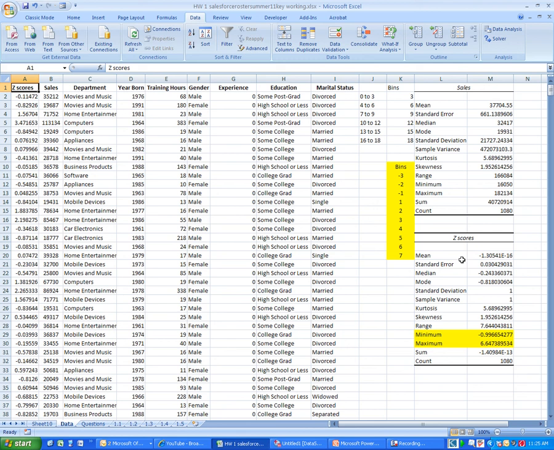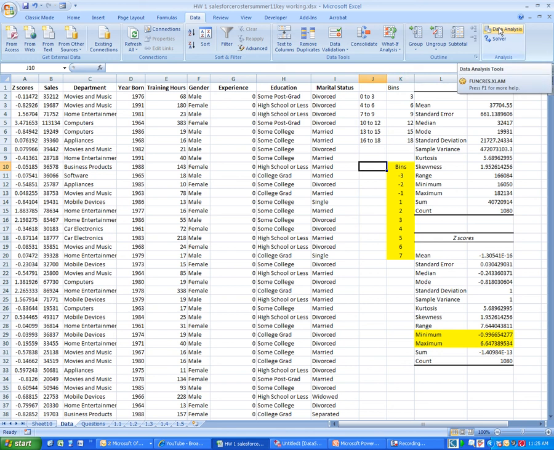So we already know basically that our data is not congruent with the empirical rule because the left side of our distribution doesn't even go past minus 1, and it's going past positive 3. And we're going to use this information to create our bin ranges so that we can calculate our frequencies real quick and easy.